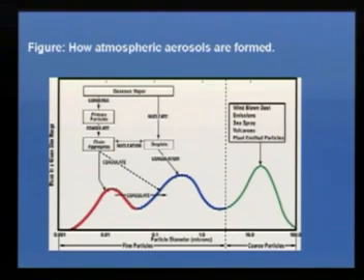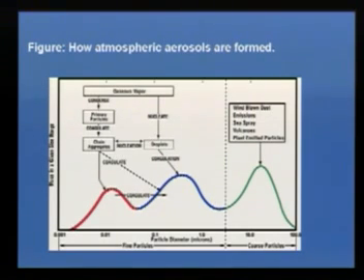Whereas the finer mode particles are formed in a different way, rather than being created through mechanical devices. Here you have the gaseous vapor, where you have a very high vapor concentration that is supersaturated. Obviously condensation will occur, and it will make the primary particles, which are very small. They can come and coagulate and make slightly larger particles.